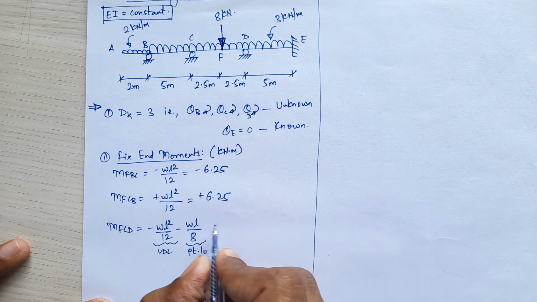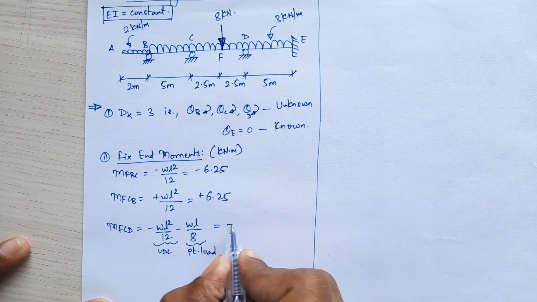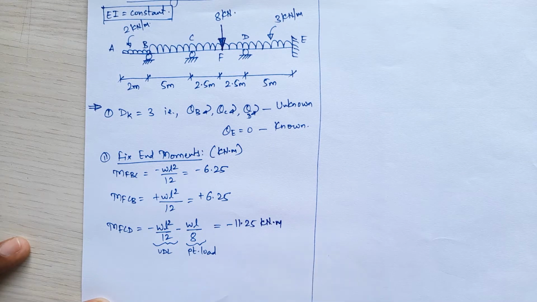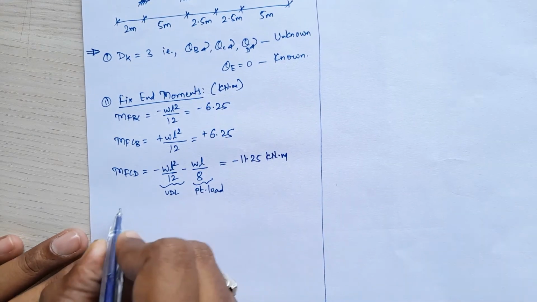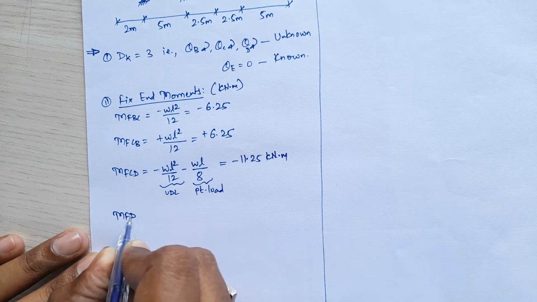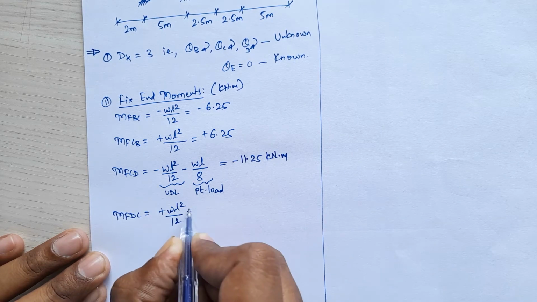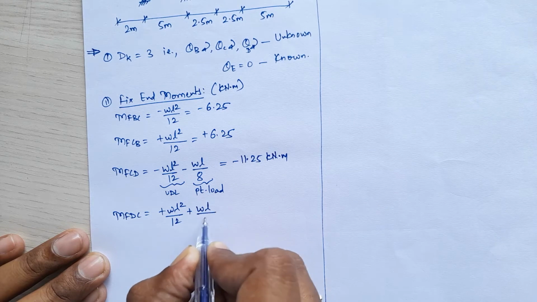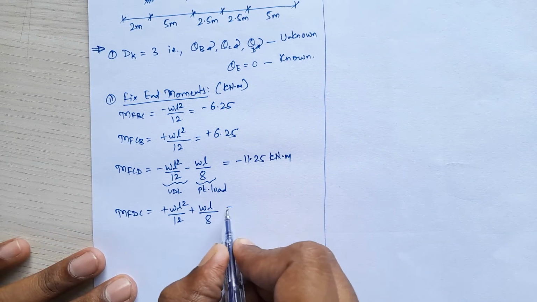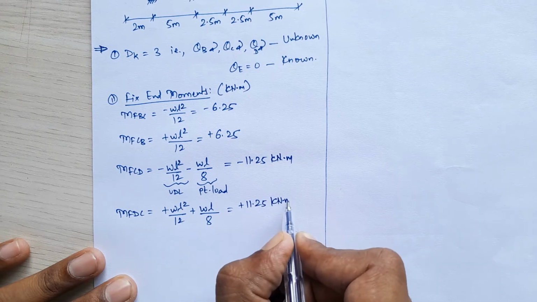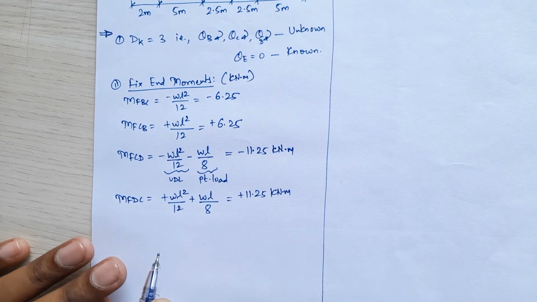If you simplify accordingly, you will get this value equal to minus 11.25 kilonewton meter.